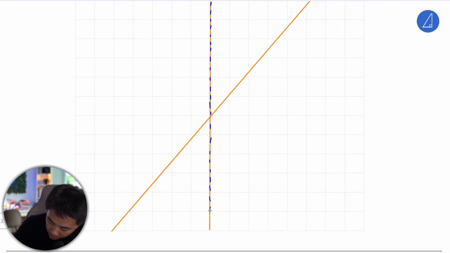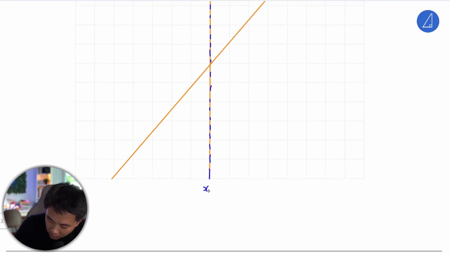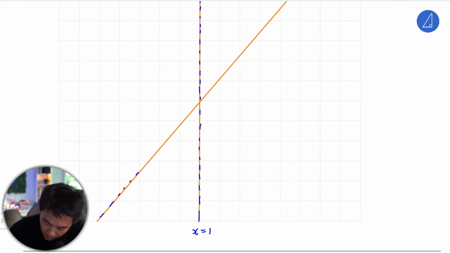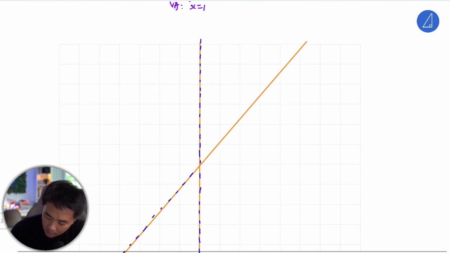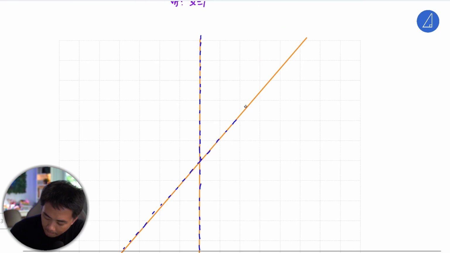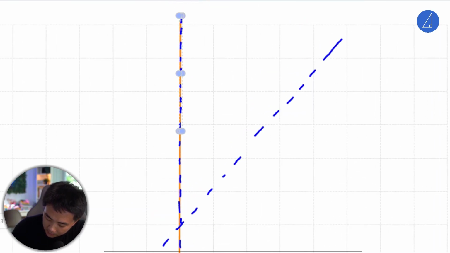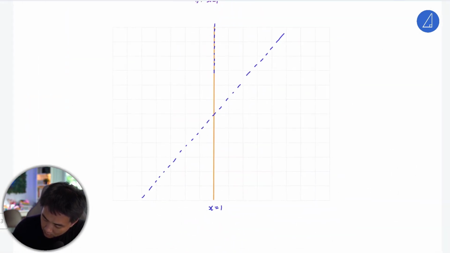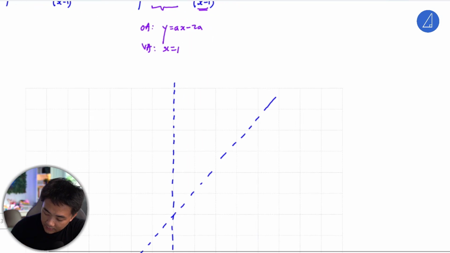This is x equals 1. Then I have ax here, and what we have is the oblique asymptote, which is y equals ax minus 2a.